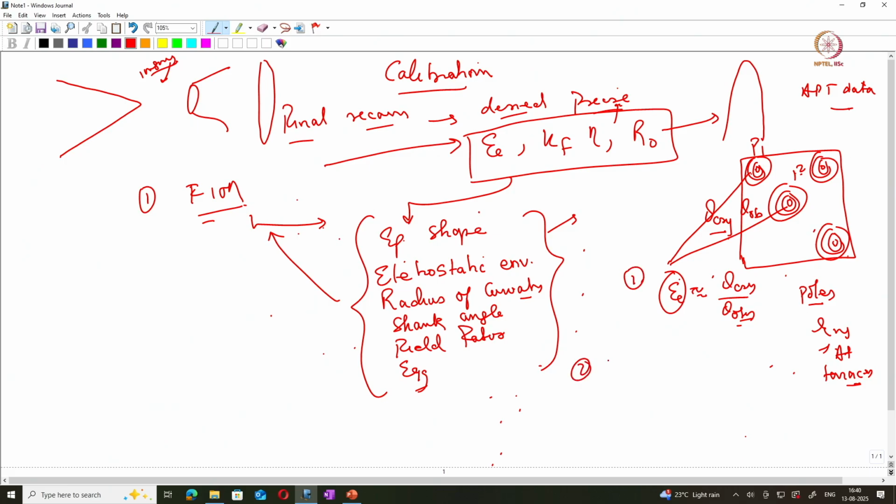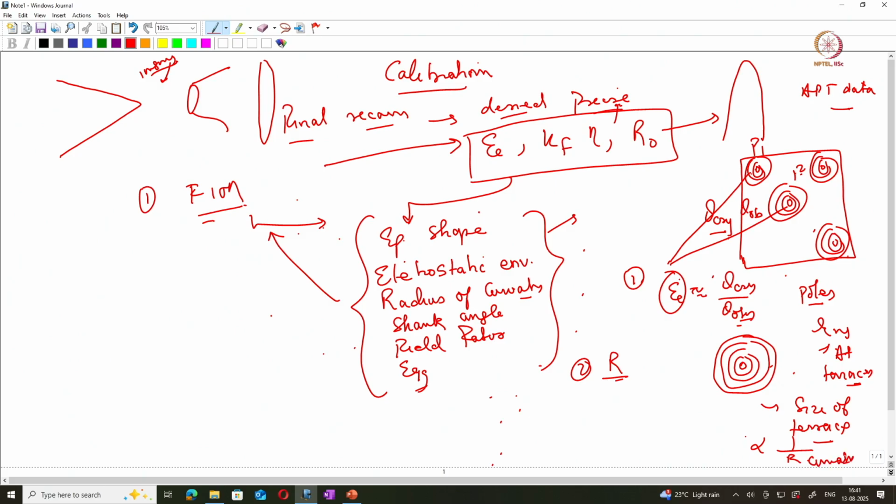Now the second is radius of curvature. In the FIM image you can see these rings, which have a certain diameter. The ring pattern is used to derive the radius of curvature, because the size of the terrace is inversely proportional to the local radius of curvature.